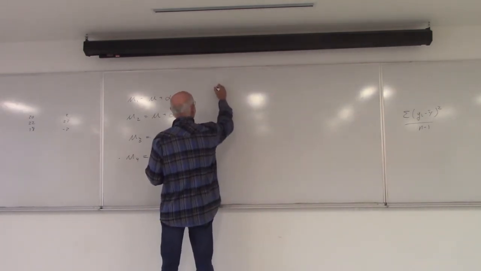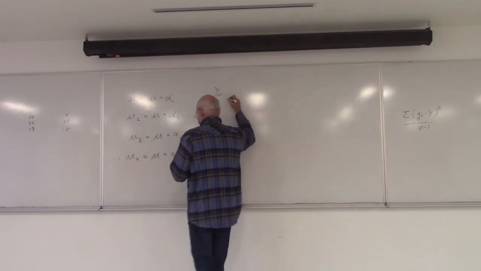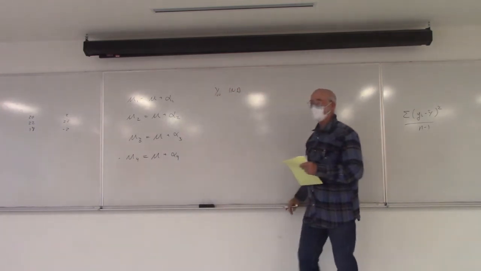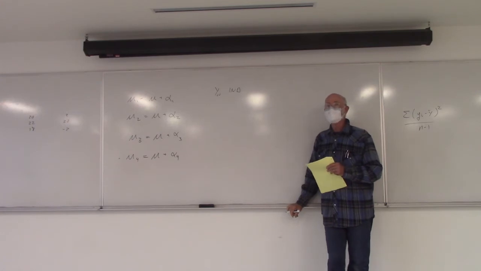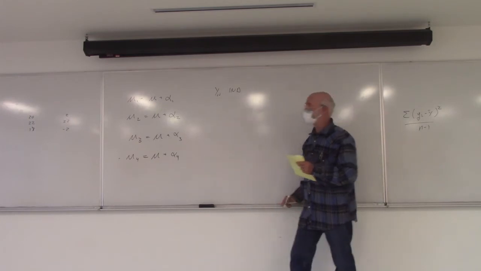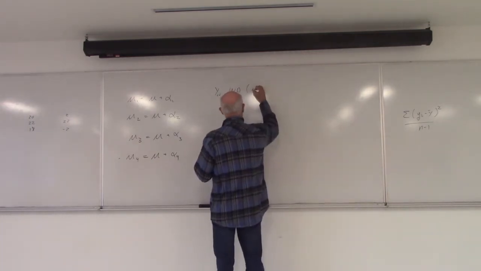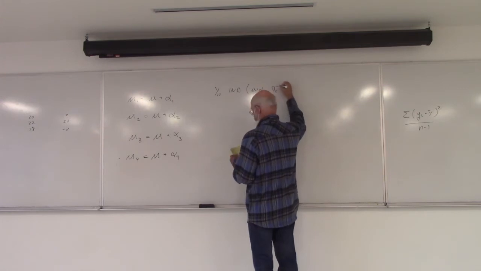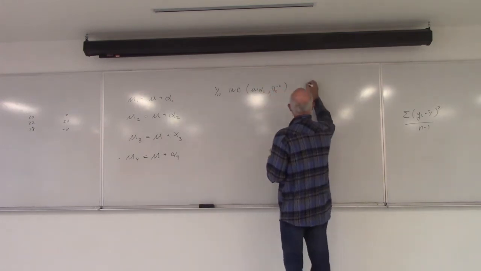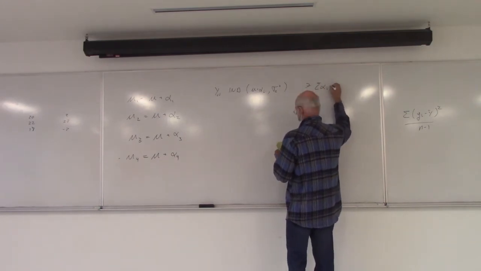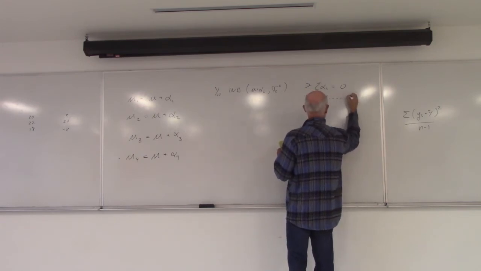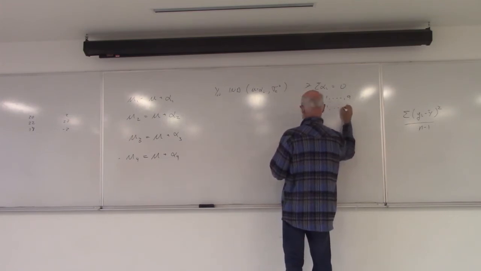So our individual observations are y i j, and we say that those individual observations are IND, independently normally distributed, with mean mu plus alpha i and variance sigma e squared, such that the sum of all the alpha i's is equal to 0, for i equals 1 to a and j equals 1 to n.